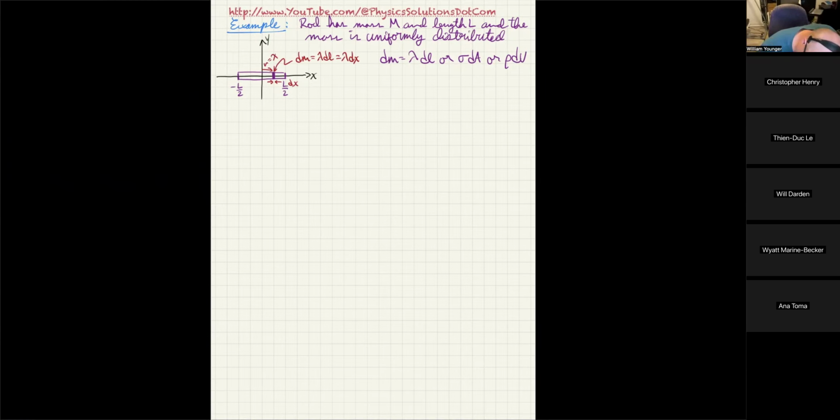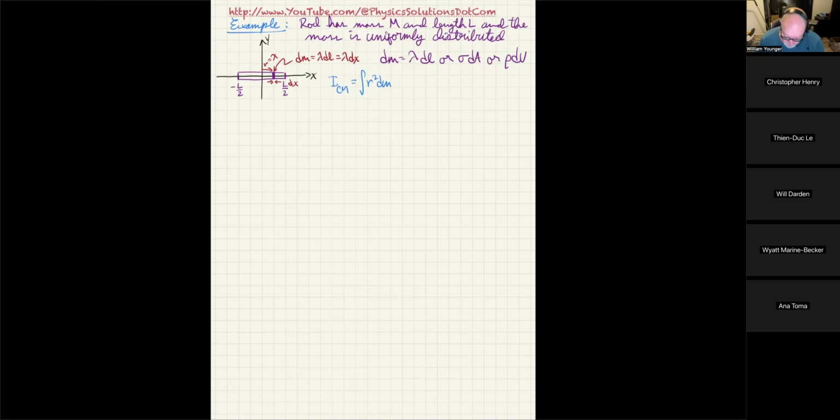So with all that, I can go ahead and say I about the center of mass, because I happen to be going through the center, and it's uniform. So the center is the geometric center. So the I about the center of the mass is equal to the integral r squared dm.